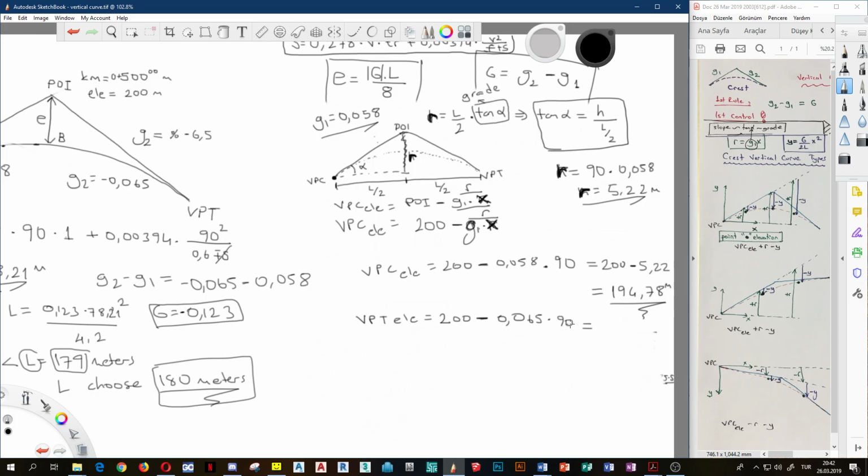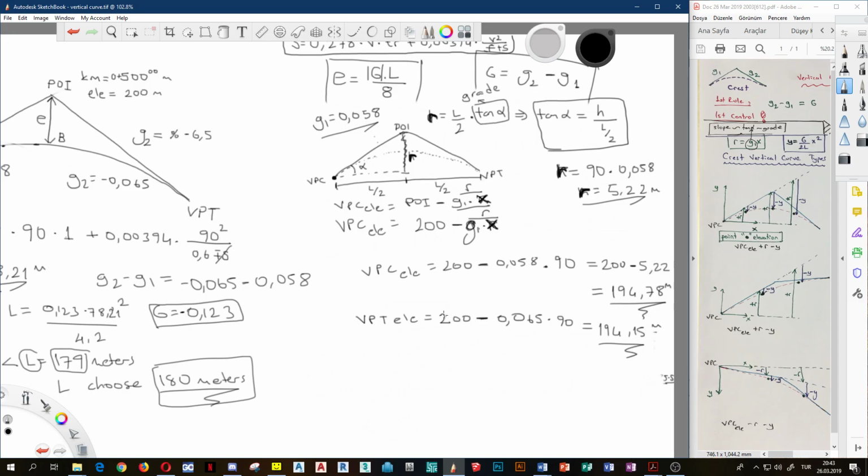I'll calculate with the calculator: 200 minus 0.065 times 90 is equal to 194.15 meters. And this is the VPT elevation, this point's elevation.